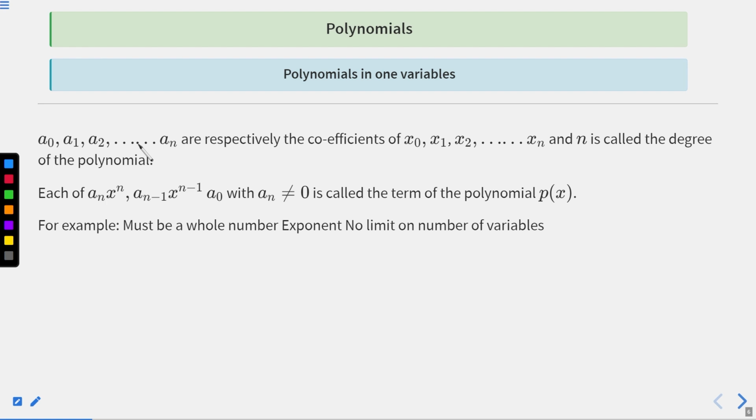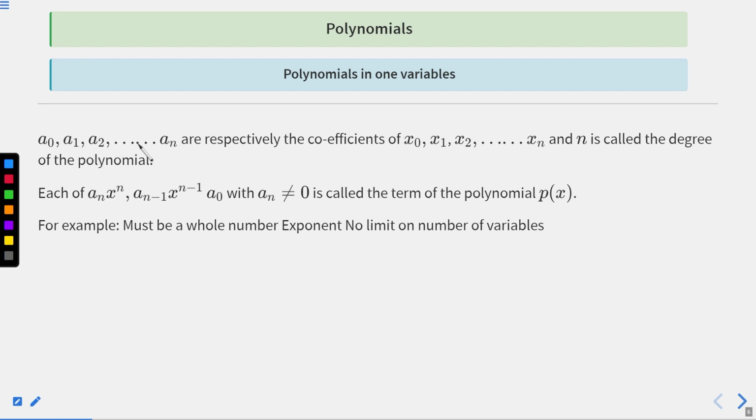In our previous slide a naught, a1, a2, dot dot dot an were basically constants in the expression, and in this slide we call them the coefficients of x naught, x1, x2 and dot dot dot xn respectively. And n is called the degree of the polynomial.